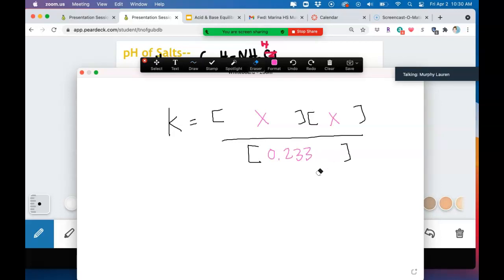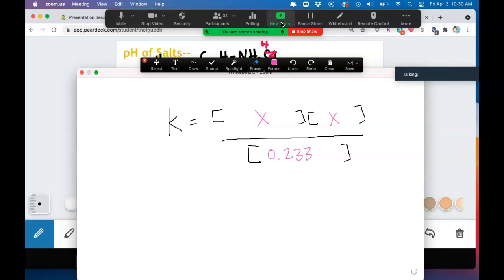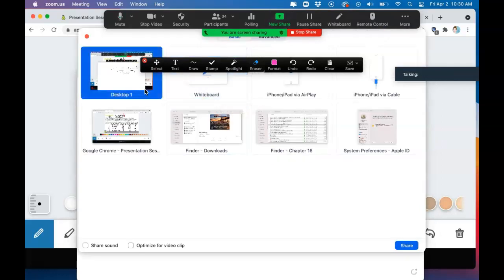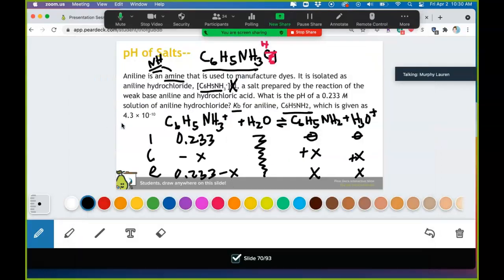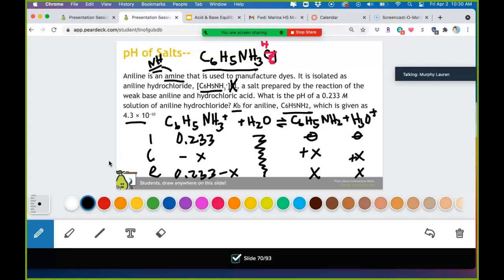Okay, here's the problem. You cannot plug this in for K. This is the Kb for aniline. This is not aniline.